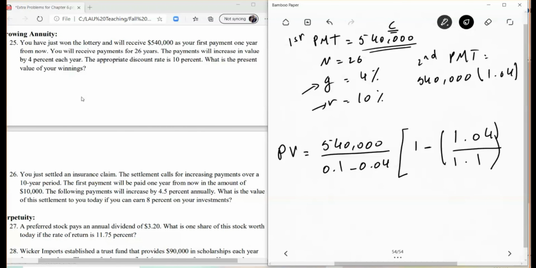This is raised to the power T, which is in this case 26 years. The answer in this case is equal to 6,906,372.